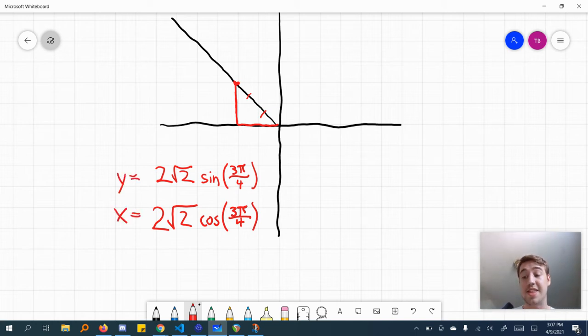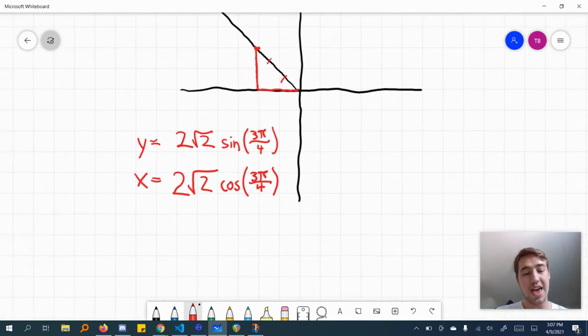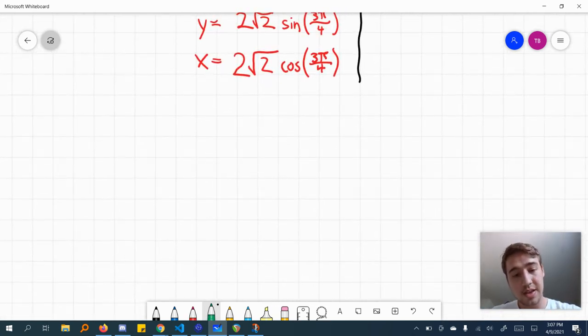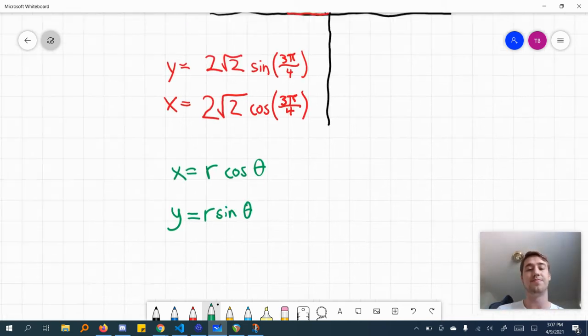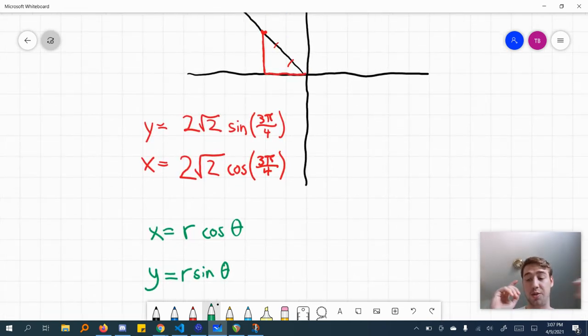And actually, this is something you can generalize. You're going to get x equals r cosine theta for any radius r and angle theta, and y equals r sine theta for the same parameters. And if we plug that into a calculator, we get that x is -2 and y is 2.